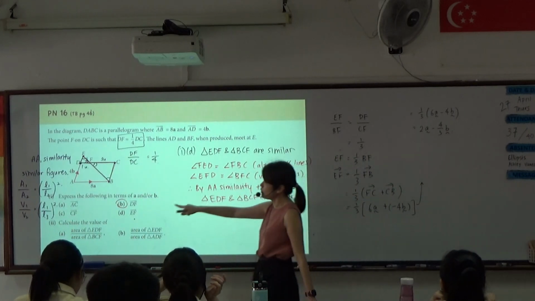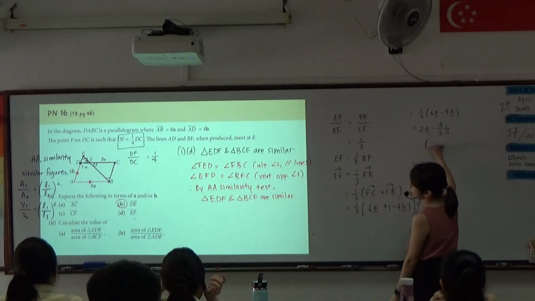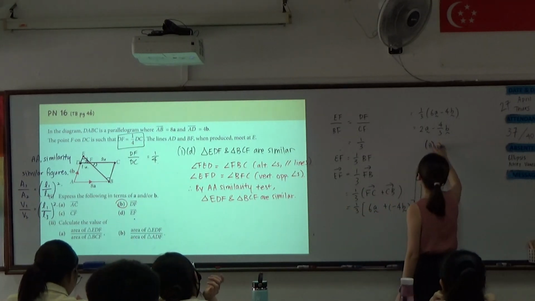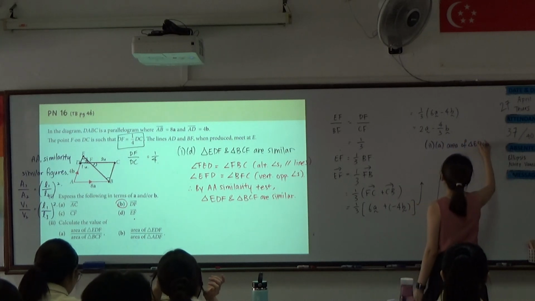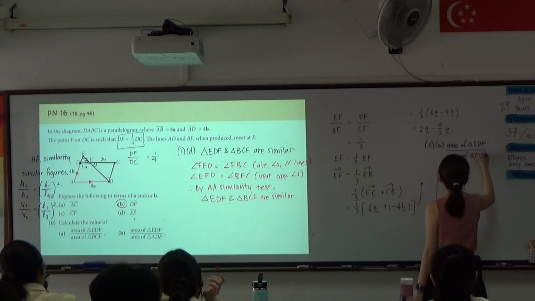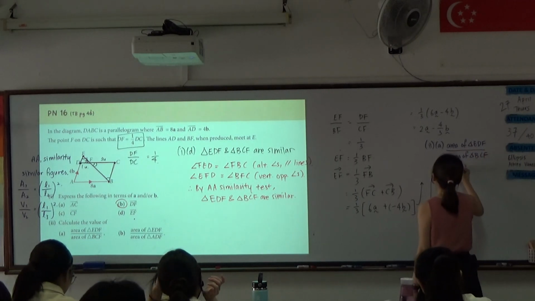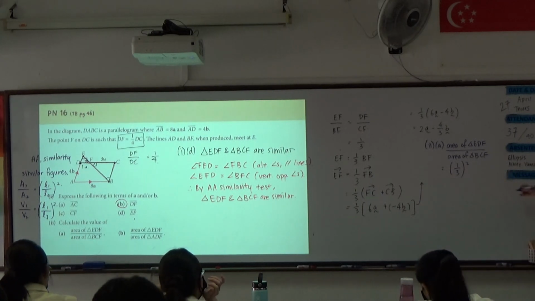So when it comes to the ratio of the area, it will be 1/3 squared. So in part 2A, make sure there are brackets around the fraction, and then you square it, and then we get 1/9.